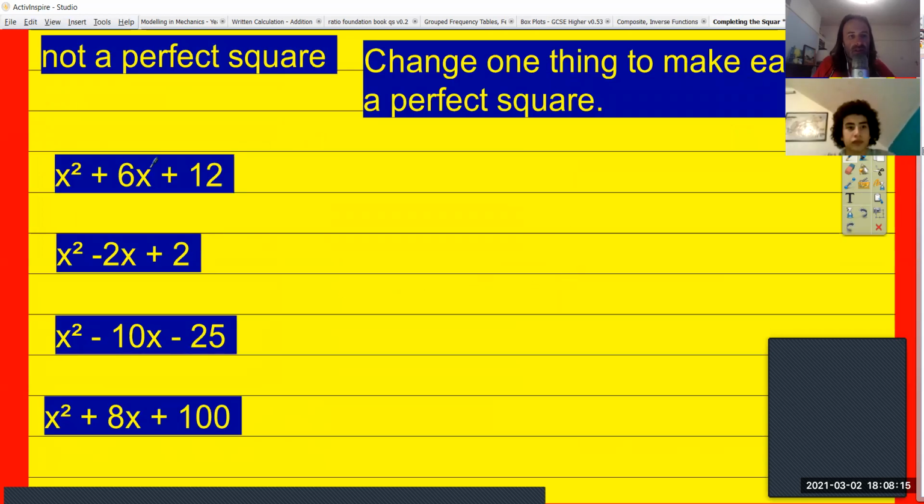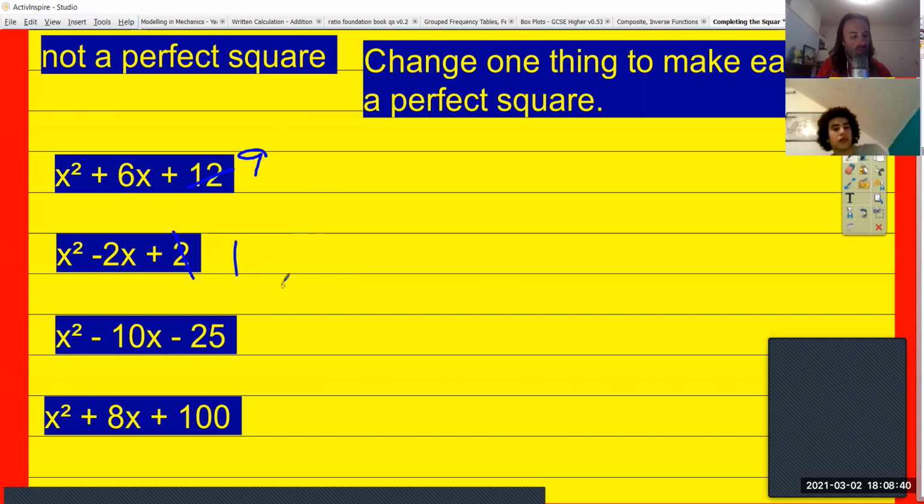Okay, so these are the ones that were not a perfect square. Change one thing so they are a perfect square. First one, change 12 to 9. Second one, change 2 to 1.